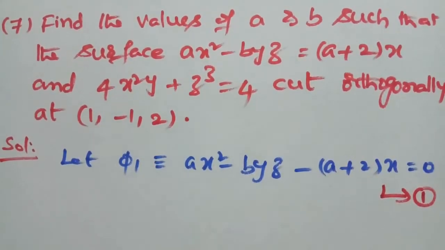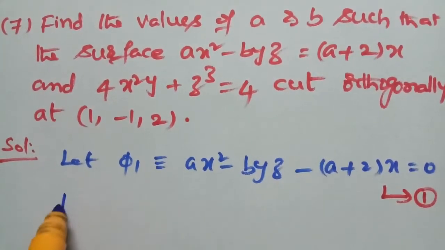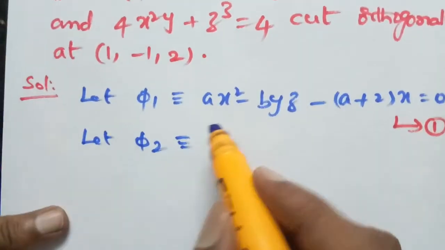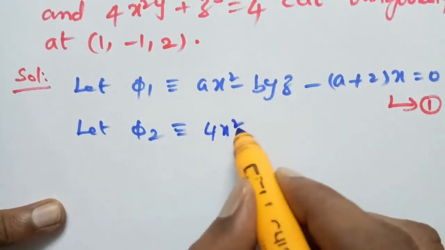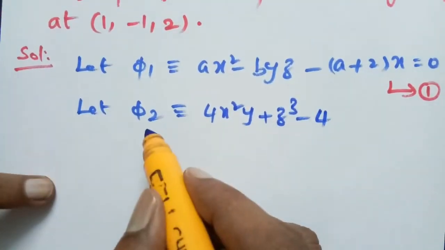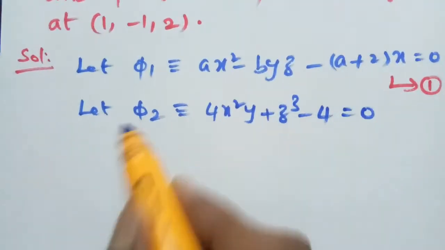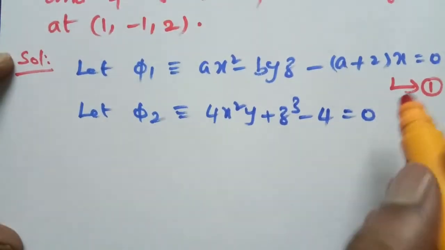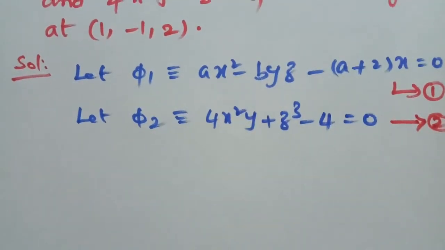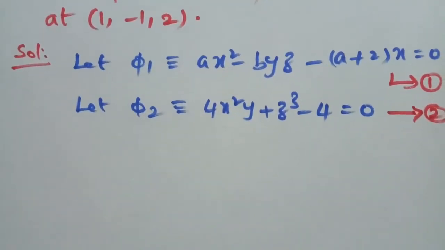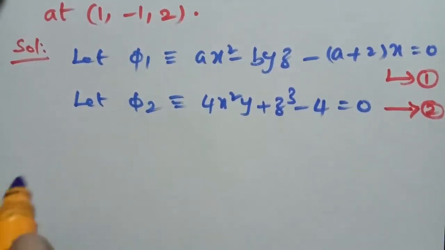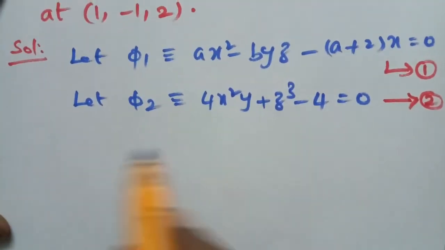Let phi 2 is equal to 4x square y plus z cube minus 4 equal to 0. Say this is equation number 2. Now let a bar equal the normal to the surface phi 1 at the point 1 comma minus 1 comma 2.